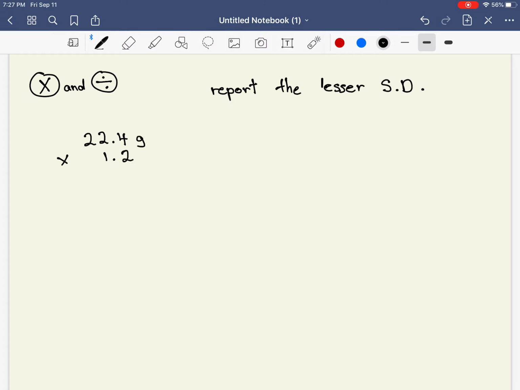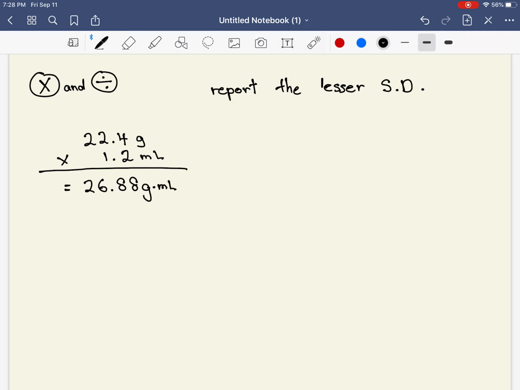So let's say 22.4 grams times 1.2 milliliters. No big deal. When you're multiplying two numbers, they don't have to have the same unit. So if you were to punch this in your calculator, you will get 26.88 gram milliliters.